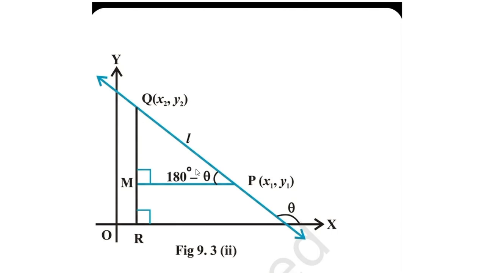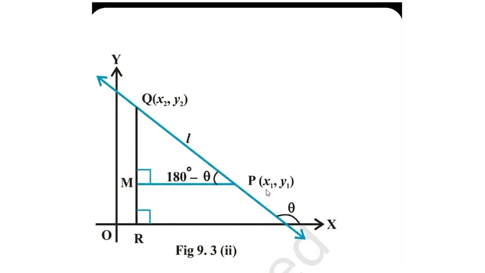It means that we want tan of 180 degrees minus MPQ. This angle we want.